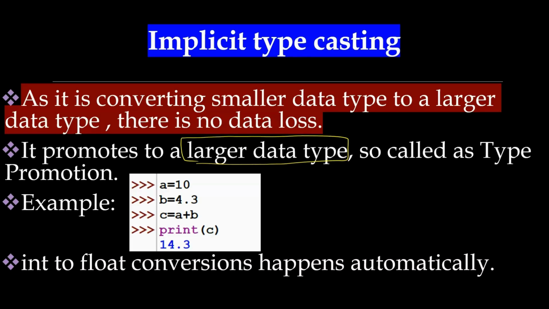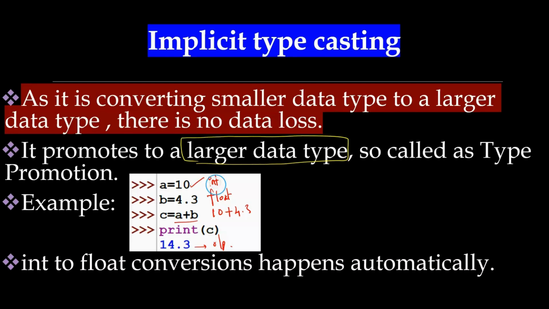See the example given here. a is equal to 10, which is your integer value, and b is equal to 4.3, which is your float value. When we add a and b, 10 plus 4.3 gives you 14.3 as the output, which is automatically converted to float.